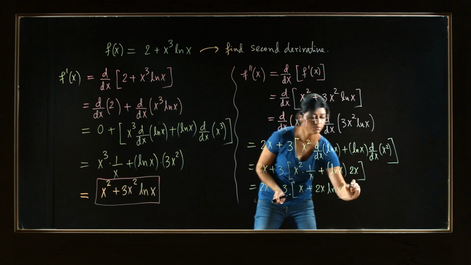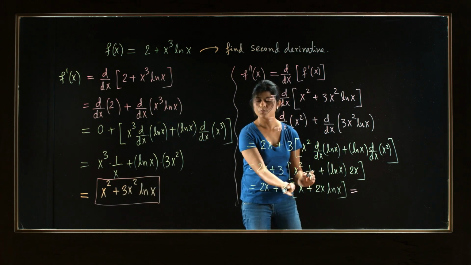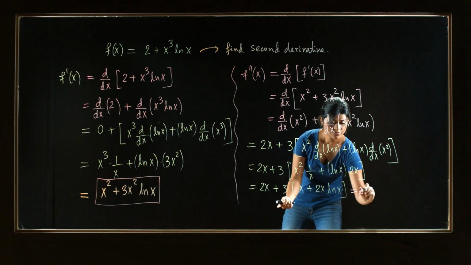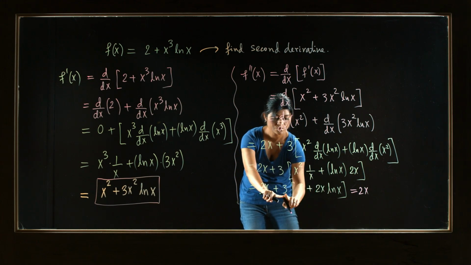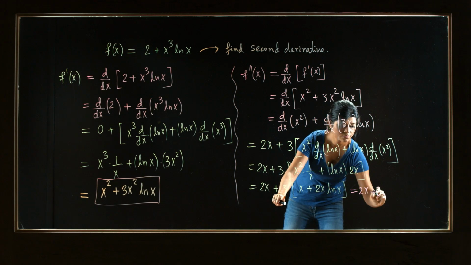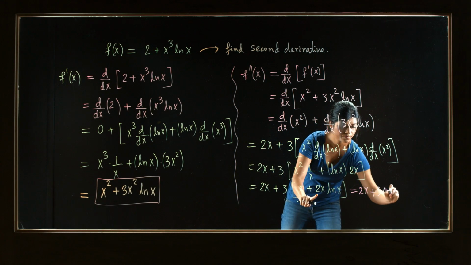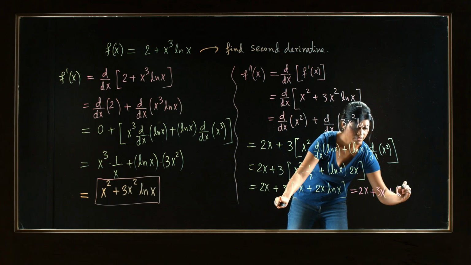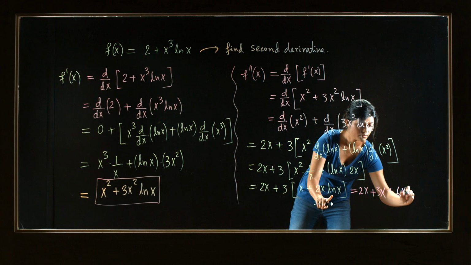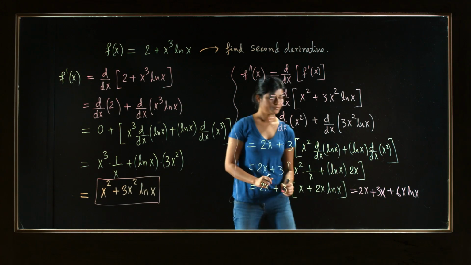So this is equal to, let's write one more step here. We have 2x. Notice this 3 distributes, so 3 times x, and then we'll have 3 times 2 is 6x natural log of x.